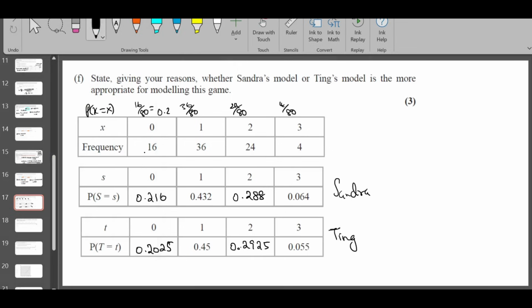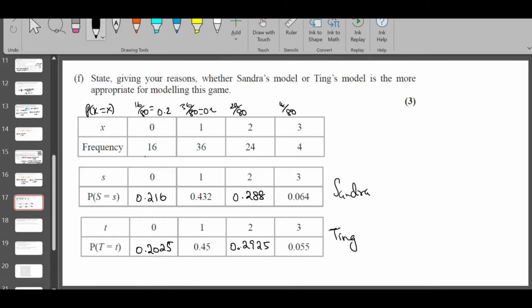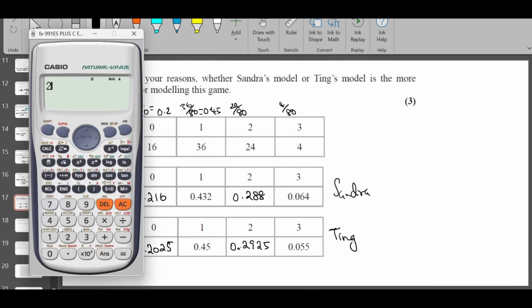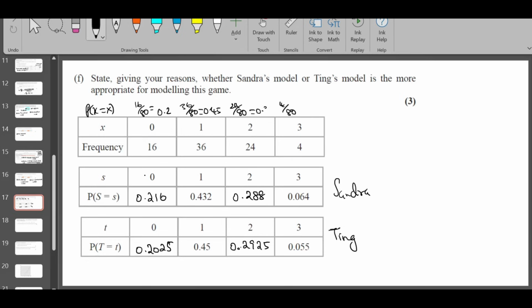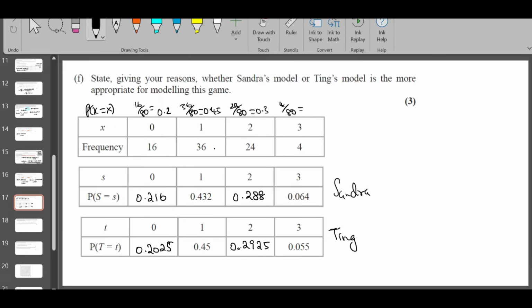This is 0.2. 36 over 80 is 0.45. 24 over 80 is 0.3. 4 over 80 is 0.05.